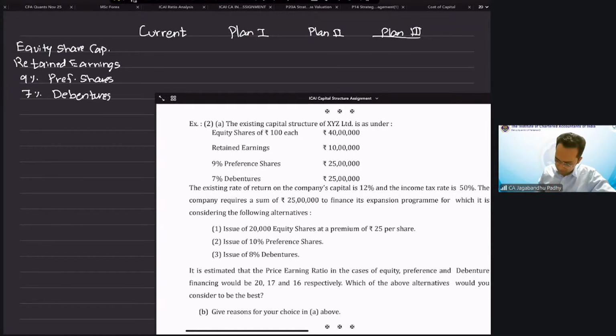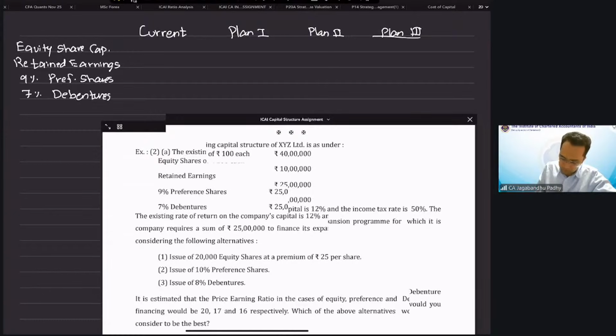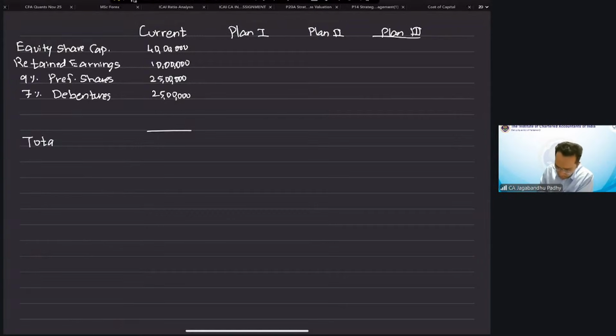Okay, so these are the existing capital that we have. So current capital has an equity share capital of 40 lakhs, retained earnings of 10 lakh, 9% preference shares 25 lakhs, 7% debentures 25 lakhs. So in total, as of now, we have total capital employed of 1 crore.